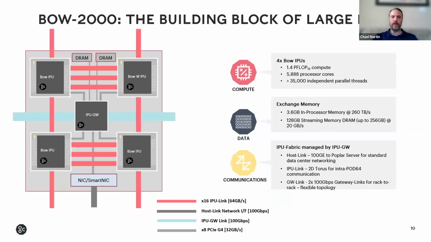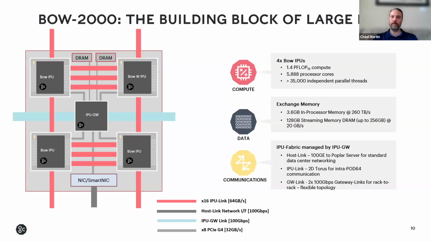Looking at how it all connects together, I mentioned the gateway chip and showed it on the other picture. Here's more of the block diagram view. That gateway connects out to a NIC, and that NIC is how the host interconnect works.